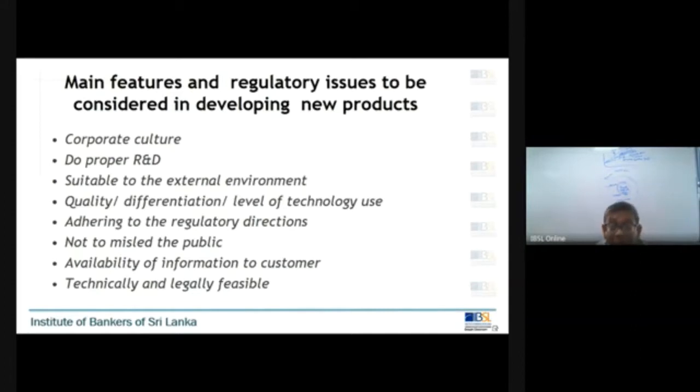And also the new products cannot mislead the public according to the customer charter. Remember, you cannot mislead the customer. We have to disclose everything according to the customer charter, and also provide the information to the customers.